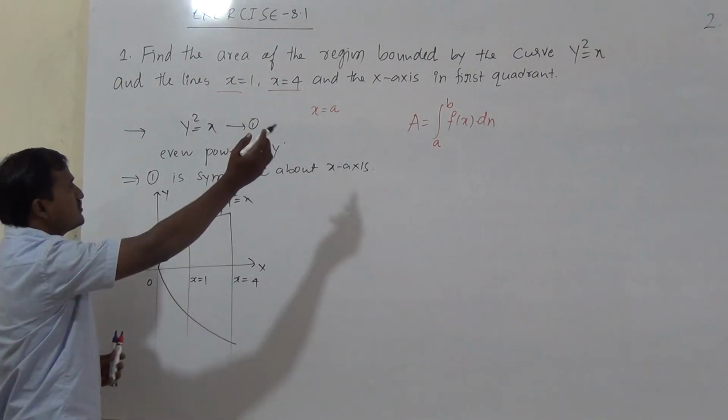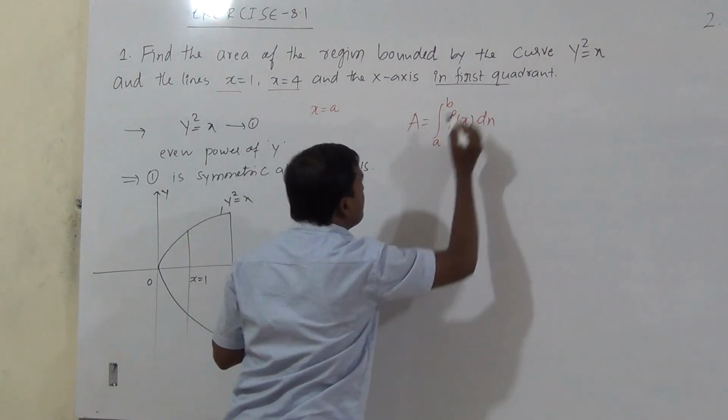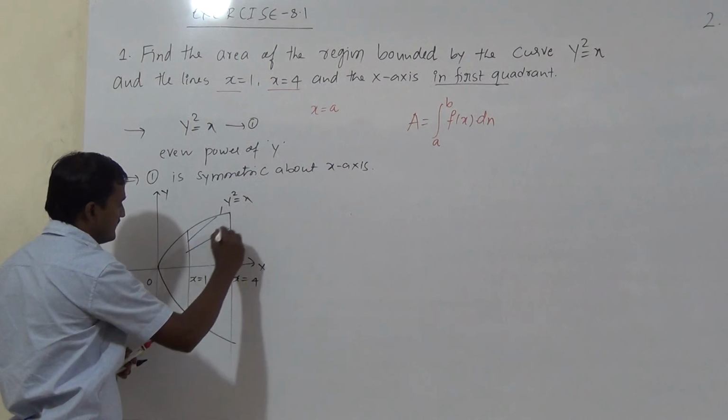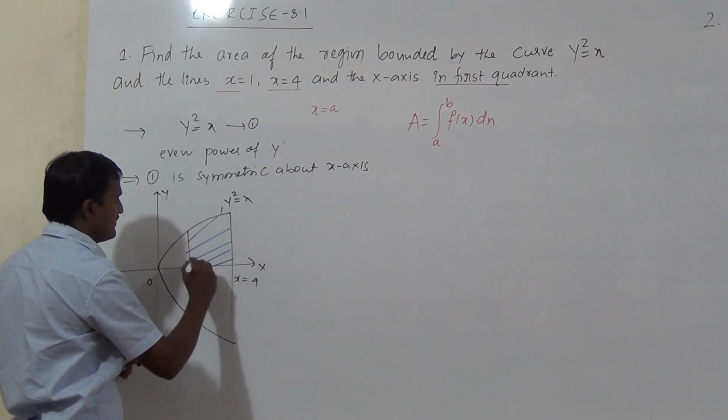Here they mentioned to find the area in the first quadrant. First quadrant means I have to take just this one only. This is the area I should find.